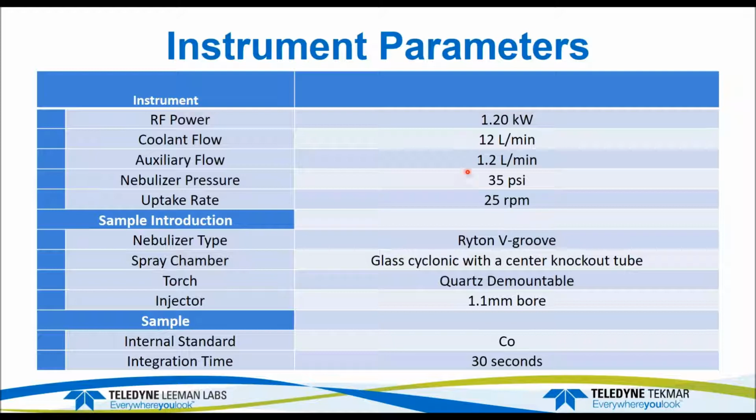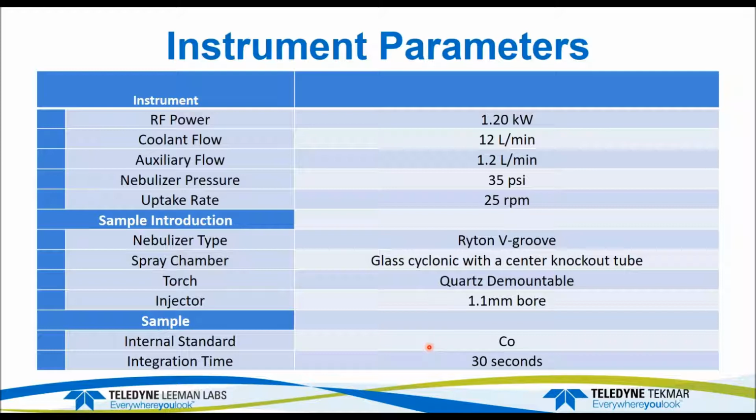The things that are the same for the crude, the diesel, the fuel oil, and the additives are that the auxiliary flow was set to 1.2, the nebulizer pressure 35, again using the Riton V-groove and the glass cyclonic with that center knockout tube. The quartz demountable, in this case we used the 1.1 millimeter bore.